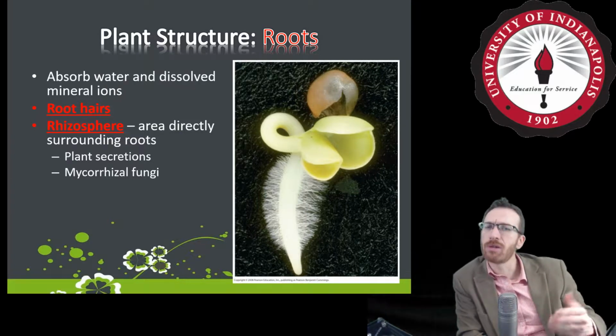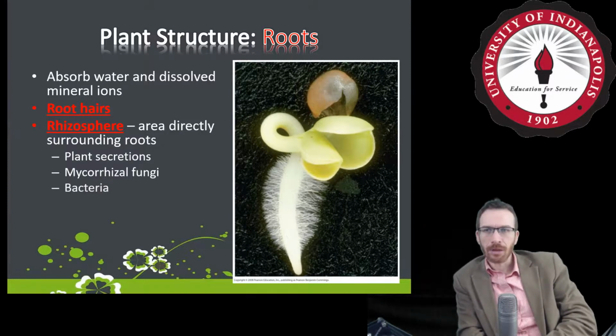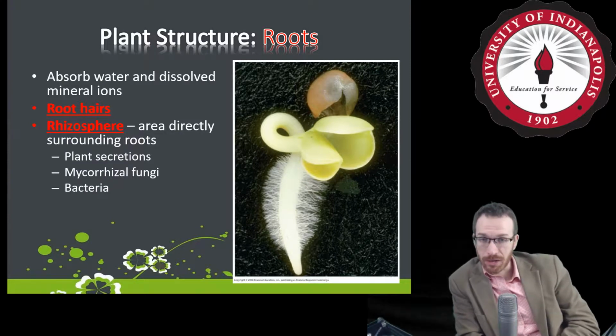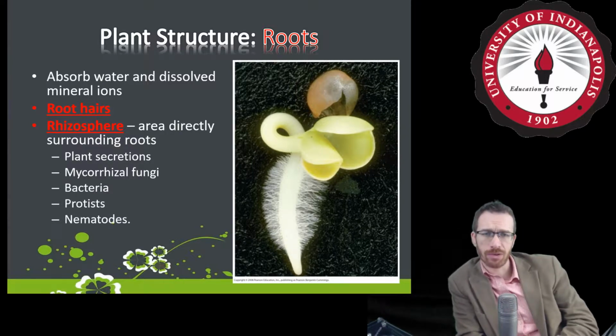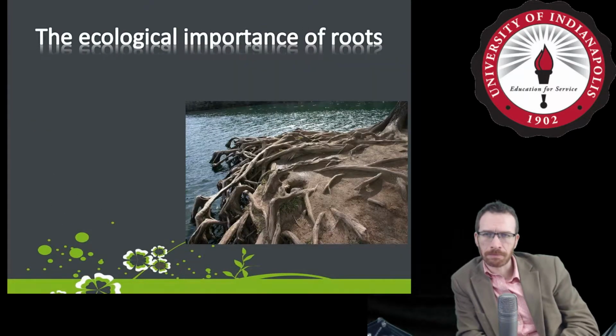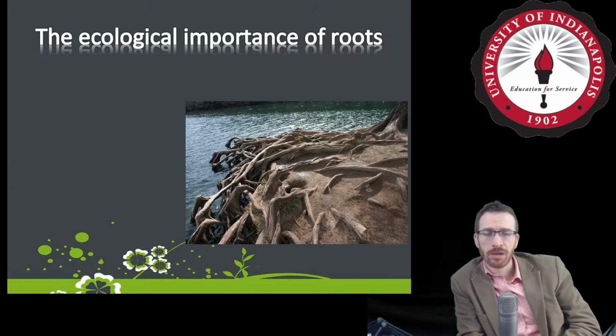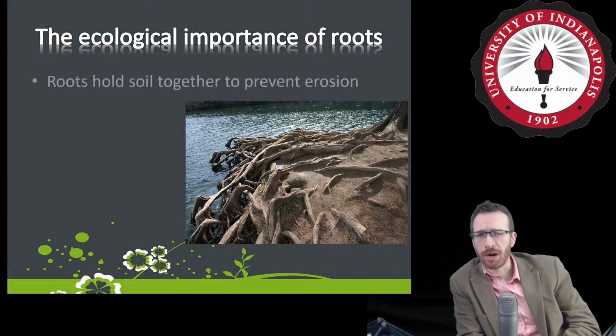We'll talk about them a little bit more in chapter 31 when we get to fungi. Rhizosphere can also include bacteria, of course, other microorganisms such as protists, and of course animals like nematodes, earthworms, and other small organisms. So we shouldn't just gloss over roots, because roots are extremely important not just for the plant biologically, but also ecologically for their surrounding environment.